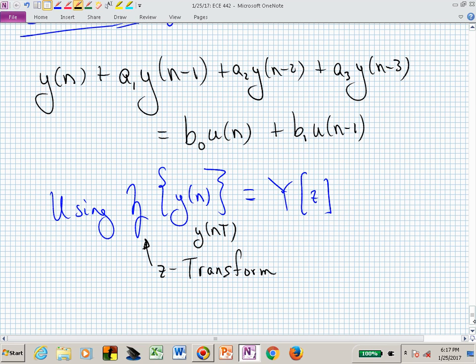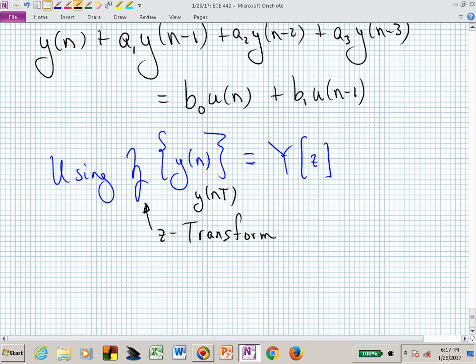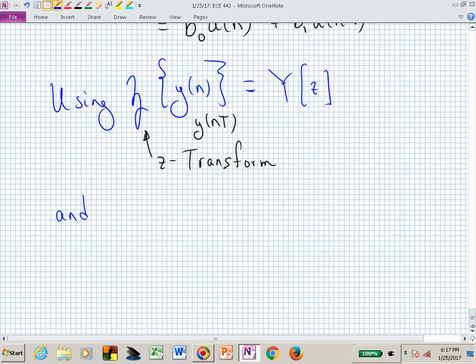If the Z-transform of little y of n is equal to capital Y of Z, what could you say if I now said let's Z-transform y of n minus 1?